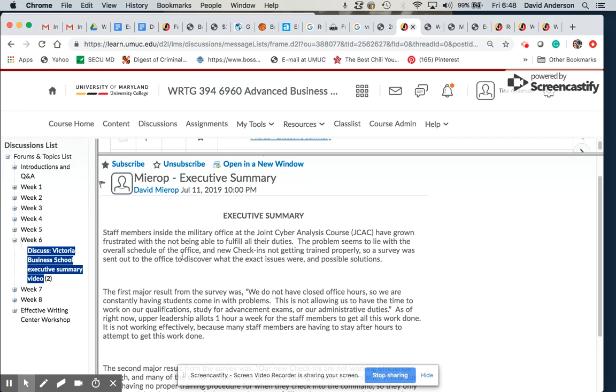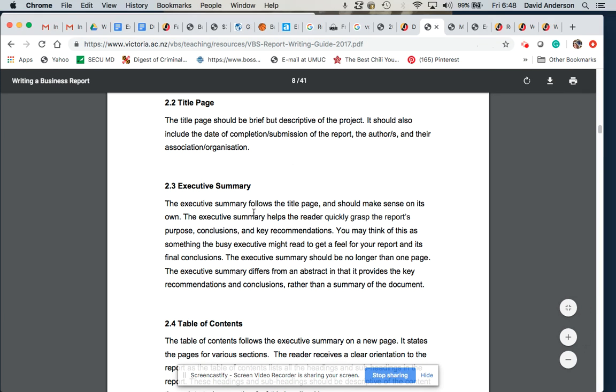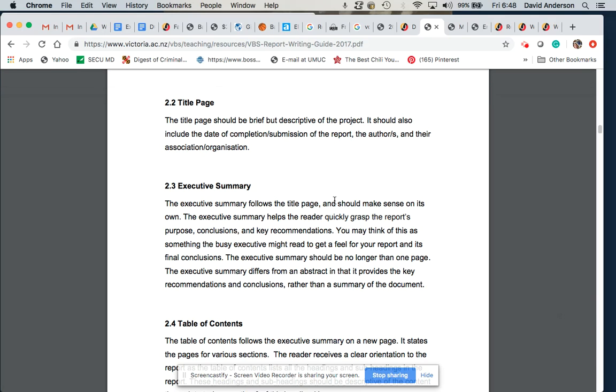I wonder about boiling this down to real clear, concrete, and direct language. What I want to share is from the Victoria Business School sample in the resources.